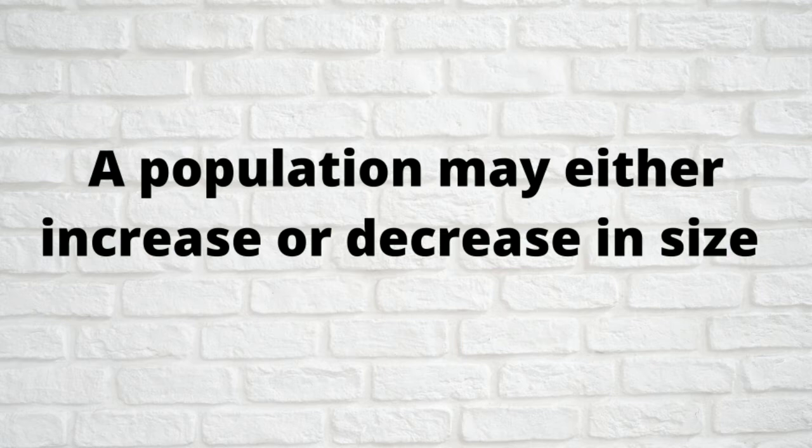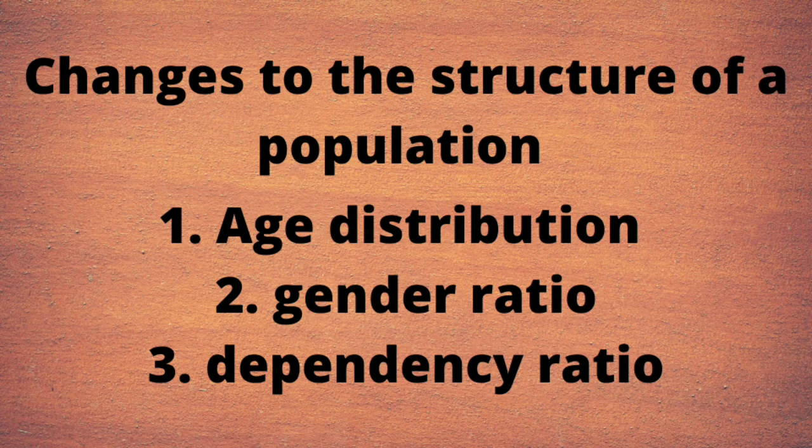Now, when it changes in structure, that means that the characteristics of the population may change. So when we speak about the characteristics of the population, we're talking about the age distribution, for example, the number of older persons in relation to younger persons. It may also change in the gender distribution, the number of males in relation to the number of females. It may also change in the dependency ratio.